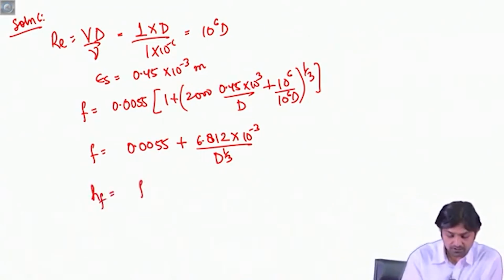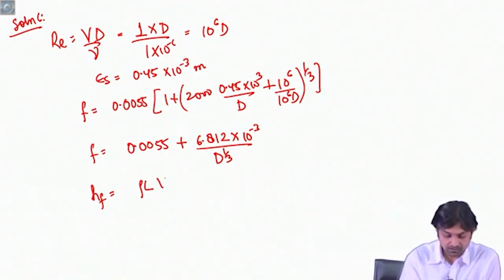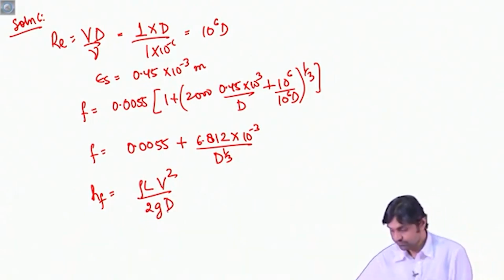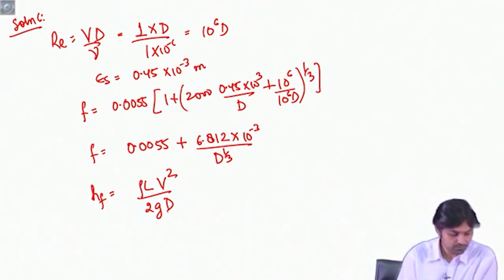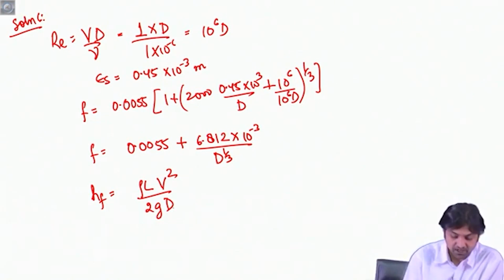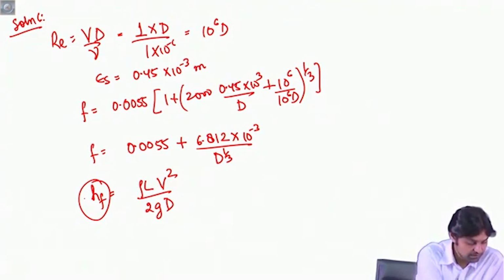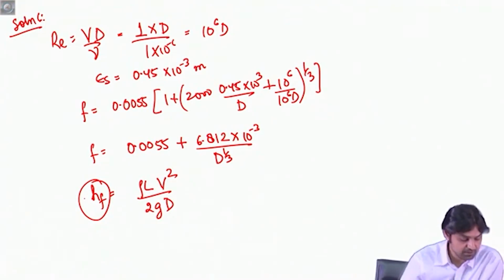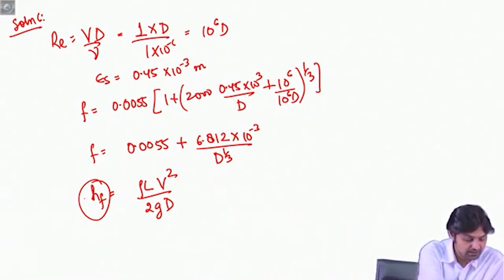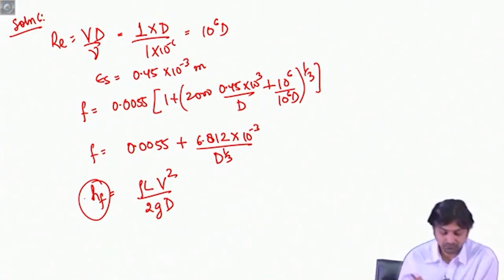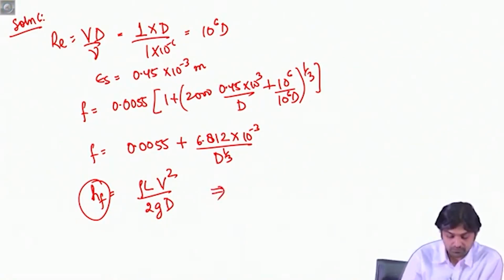And hf will be f L V square by 2 g d. So head loss has already been given, it says 10 centimeters in 100 meters of length.